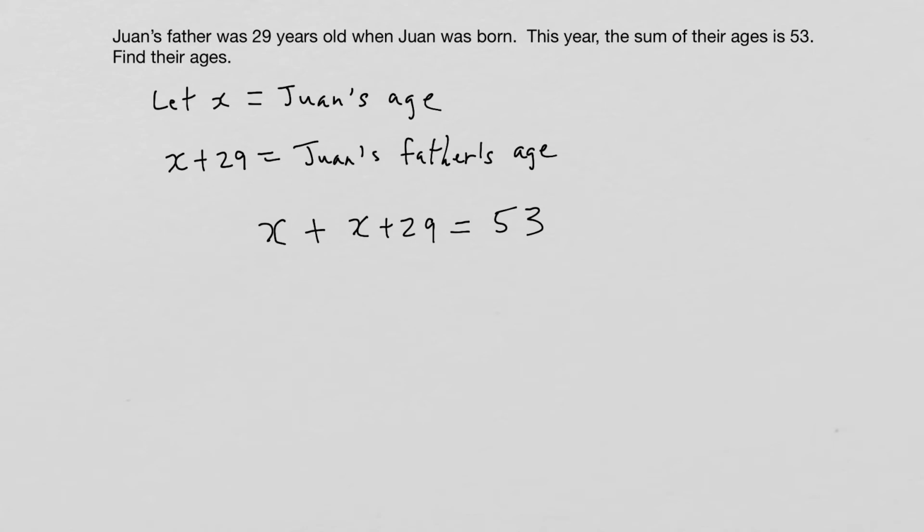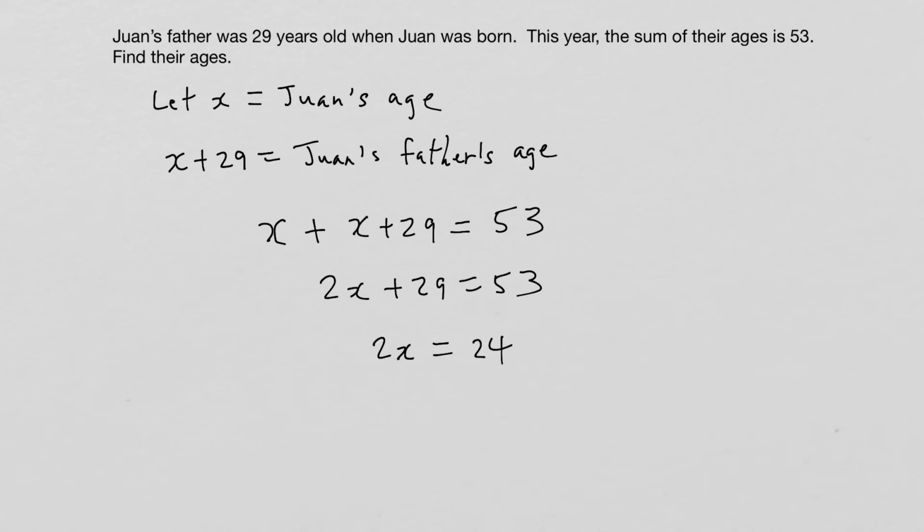First thing we need to do is combine these two terms, and we get 2x plus 29 is equal to 53. Then we start our two-step equation. We're going to move the 29 over to the other side, which means we need to subtract 29 from both sides. What we get is 2x is equal to 24.